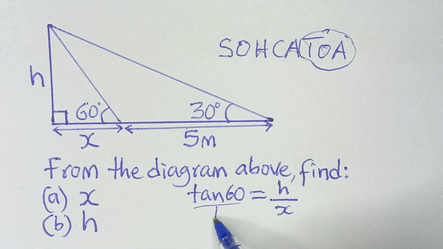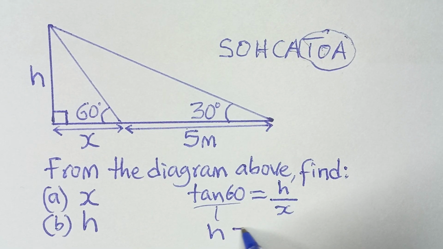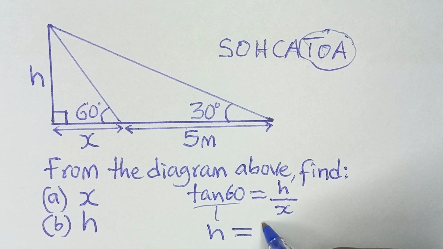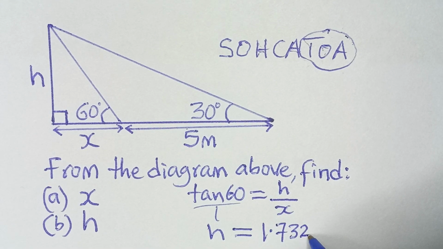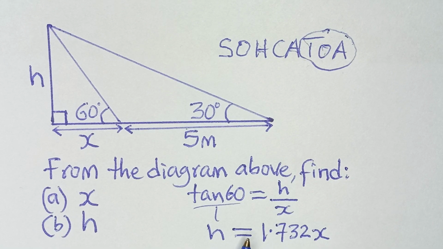So cross multiply h times 1 is going to give me h, and that will be equal to tan 60 multiplied by x. The value of tan 60 is 1.732. When you press your calculator, you get 1.732 as the value of tan 60. Then tan 60 multiplied by x, because we are cross multiplying. So it's going to be this multiplied by x. So now that is for the smaller triangle.